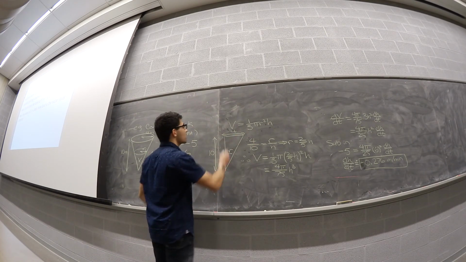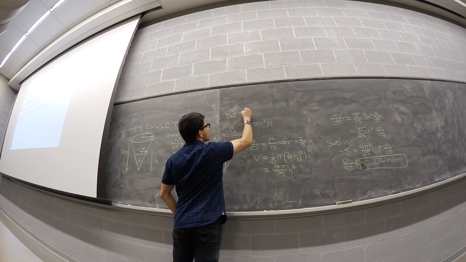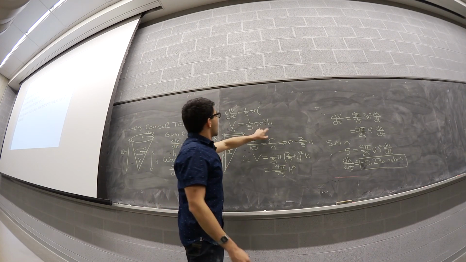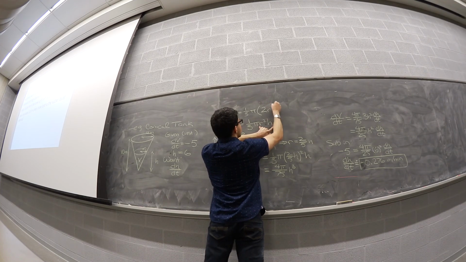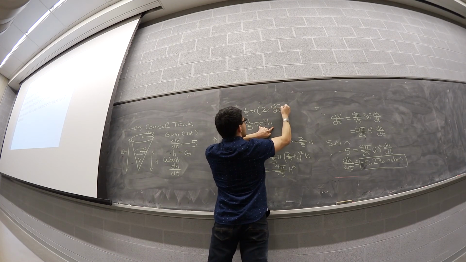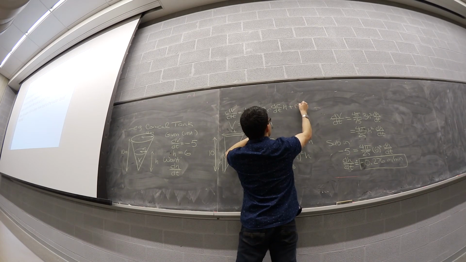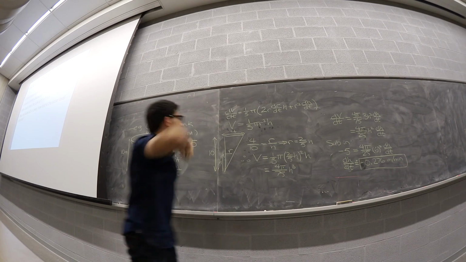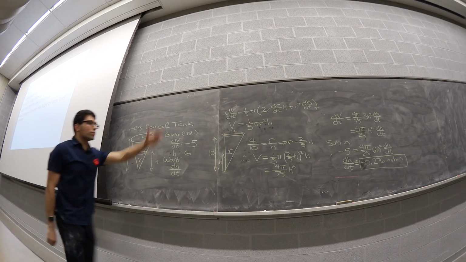Should I write this? I'll write this real quick. You could write, at this point, dV/dt is 1/3 pi. This is the bad way of doing this. What's this guy? Derivative of first times second plus first times derivative of second. You could have done that.